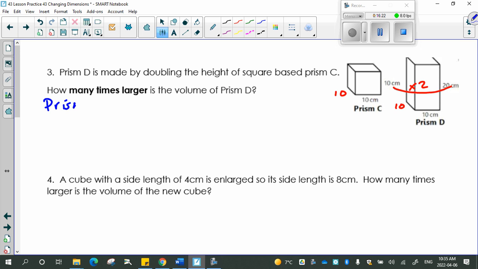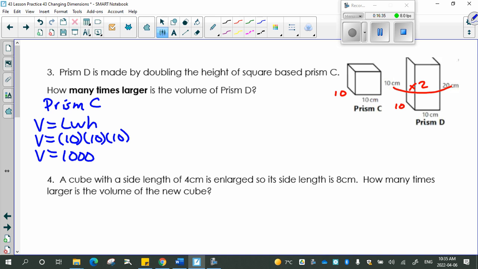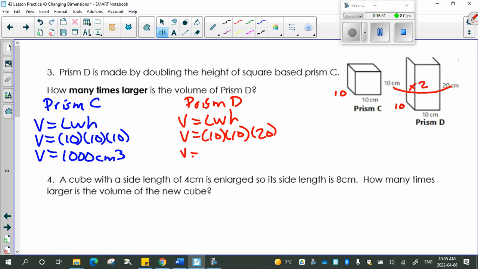Prism C. Length times width times height. Prism D. Okay, a lot of people could just look at it and say it's double.